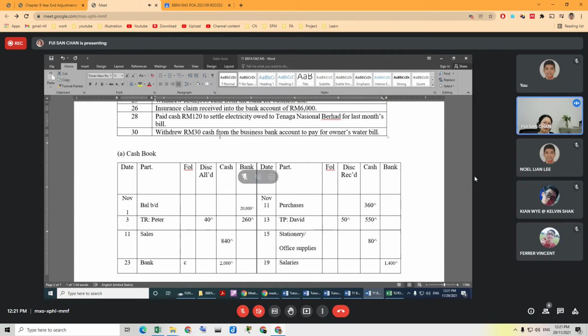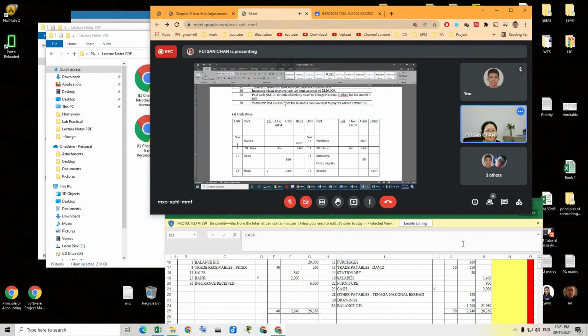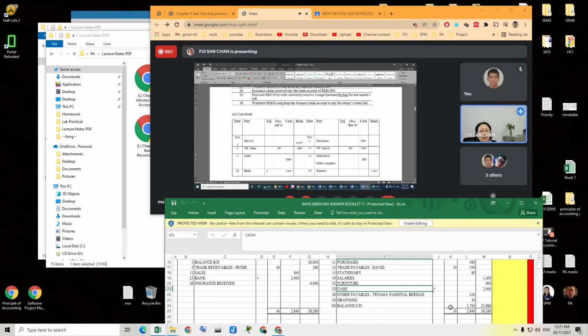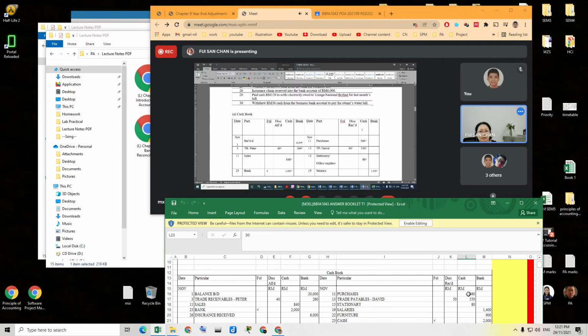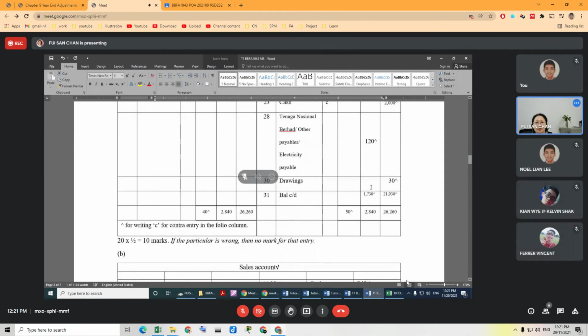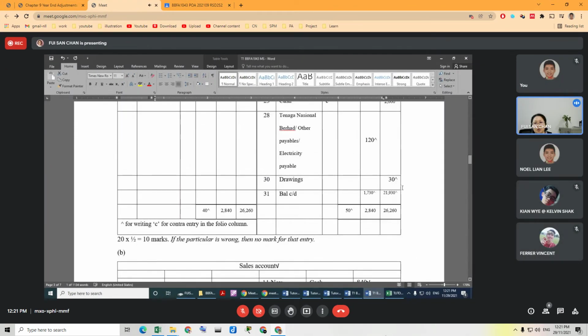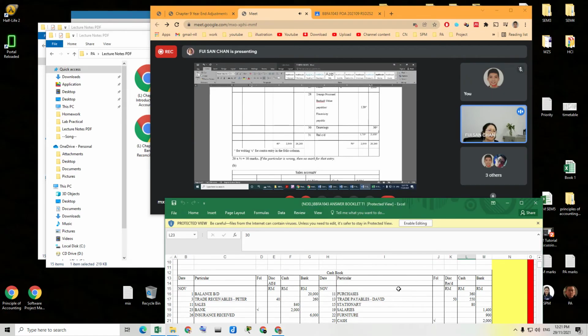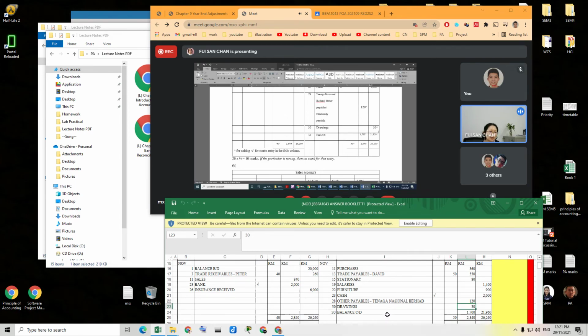But a lot of you put cash. Withdrew 30 cash from the business bank account. So the answer is credit bank, debit drawings. Oh yeah, I put cash out. Okay, yeah, so it's bank. So read your question carefully. This is a little bit tricky lah.